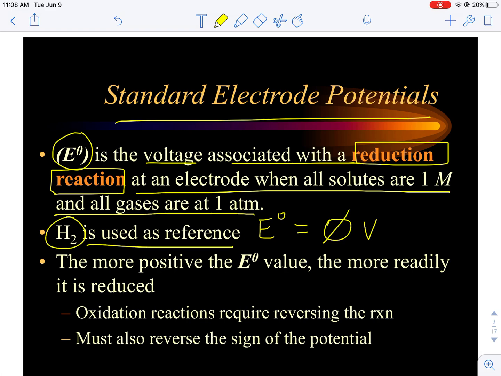And here's where the interpretation comes about. The more positive the cell voltage value, the more readily it is reduced. Let's say that again. The more positive the cell potential value, the more readily it is reduced.